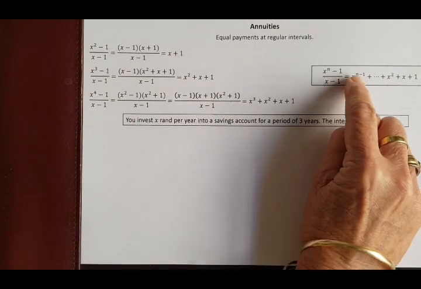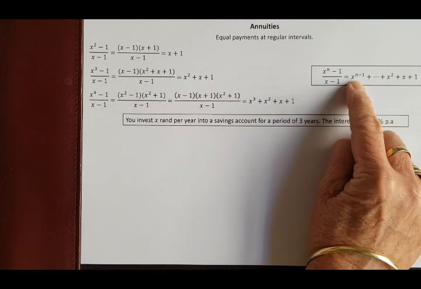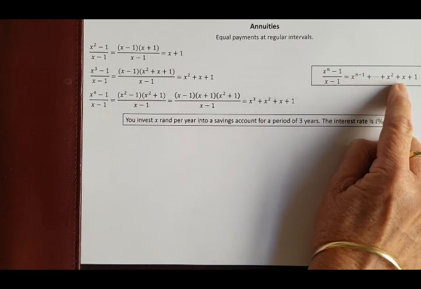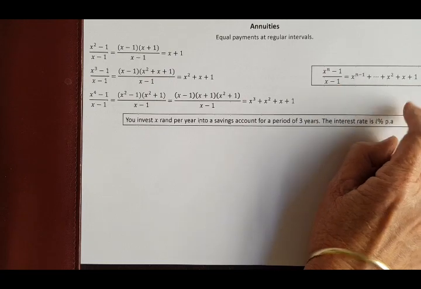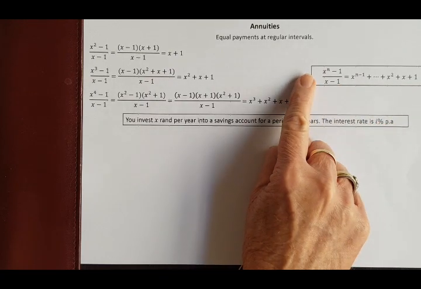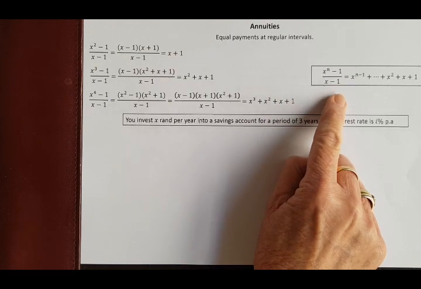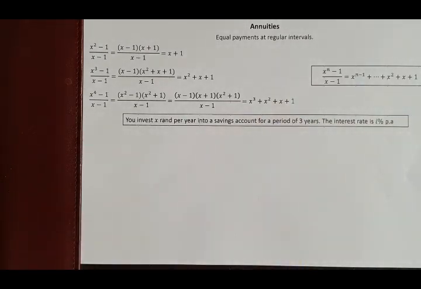So whatever the power is there, in this case the highest power of x is x to the power of n minus 1, and I'm adding all the descending powers of x, x squared plus x plus 1. That sum is just going to equal x to the power of n minus 1 all over x minus 1. We just need to know that simplification in order to do this sum over here.